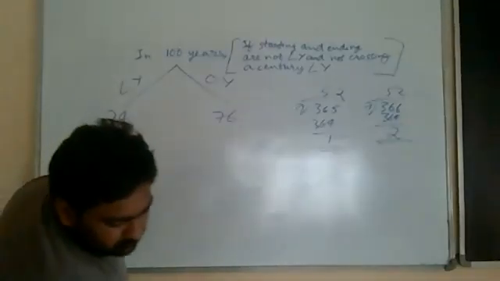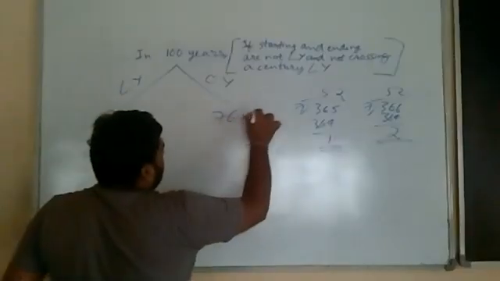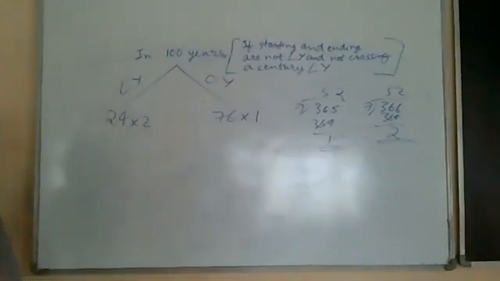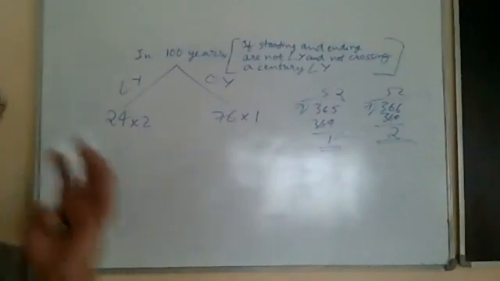Correct? So in every leap year there are 2 odd days, and in every ordinary year there is 1 odd day.